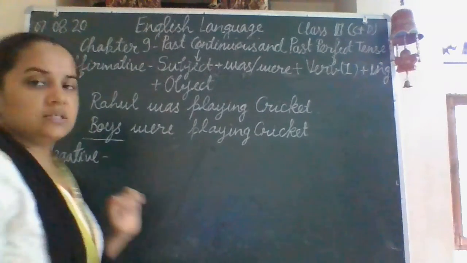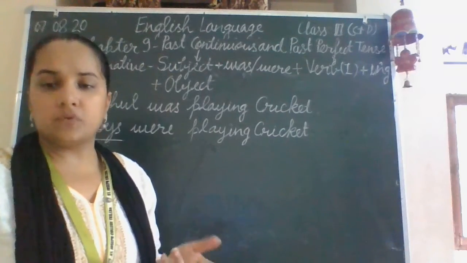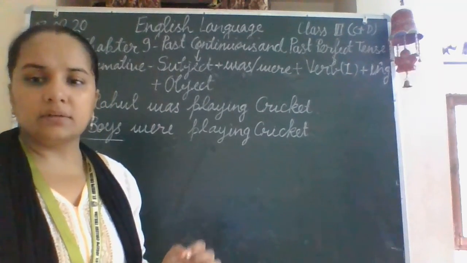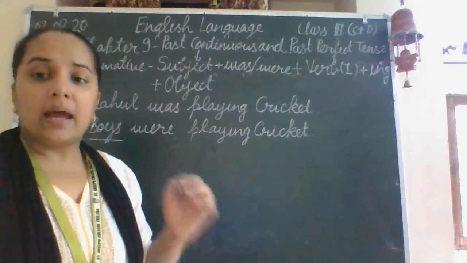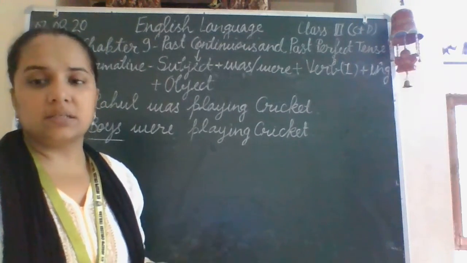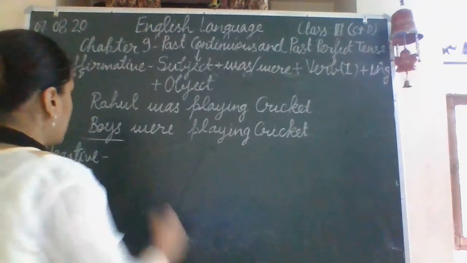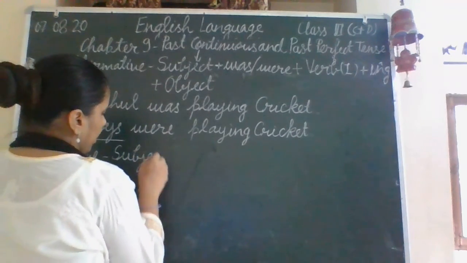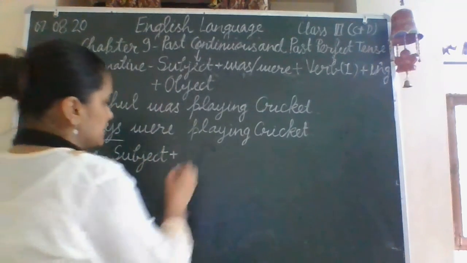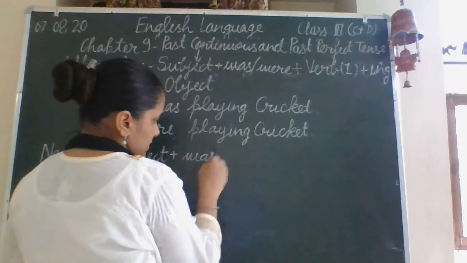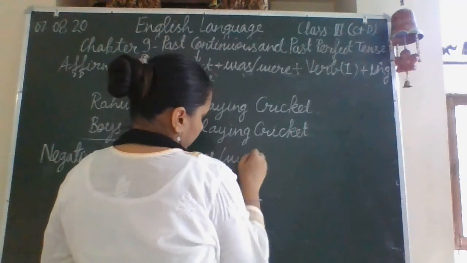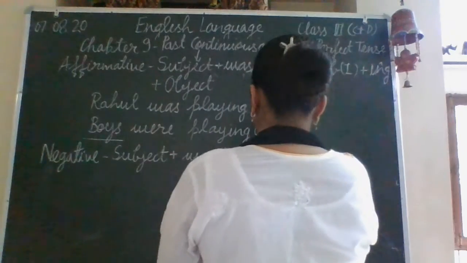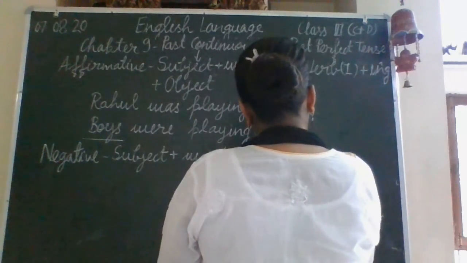Now, the next is the negative sentence. For the negative sentence, we all know what we have to do: we just have to add the word not, and that will make the sentence negative. So again we will start with the subject, plus was or were, plus not.